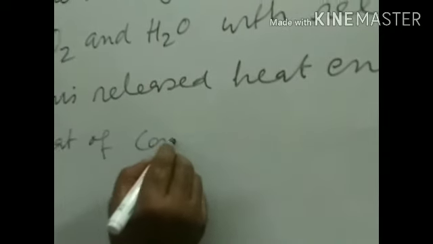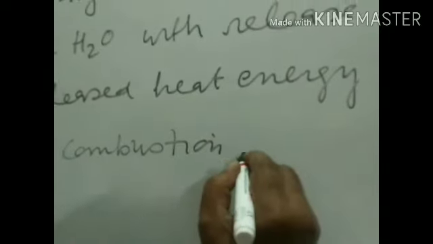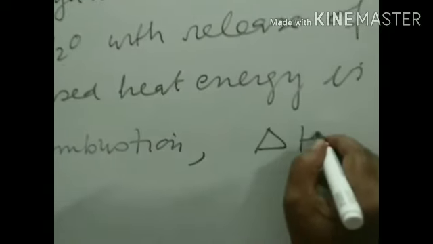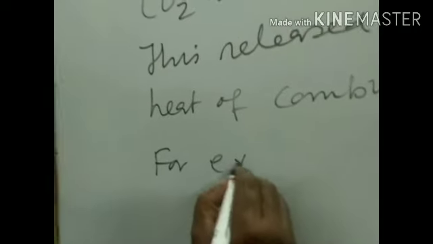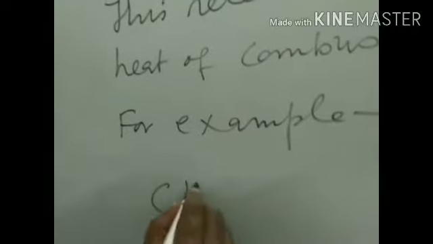Heat of combustion is denoted by delta H0. For example, the simplest example is methane.